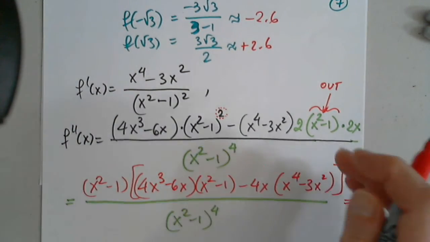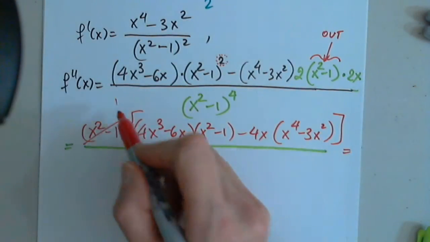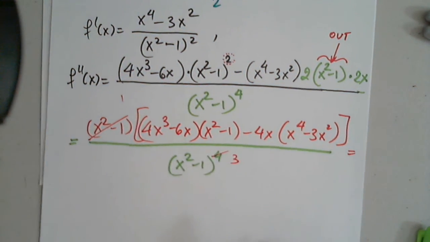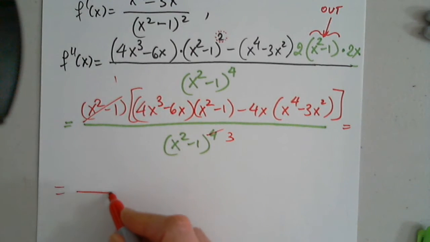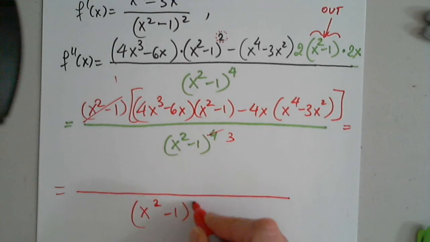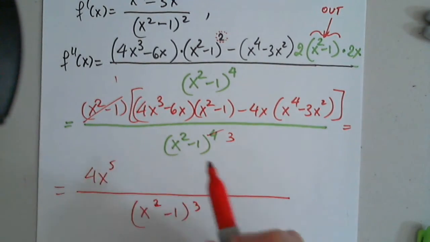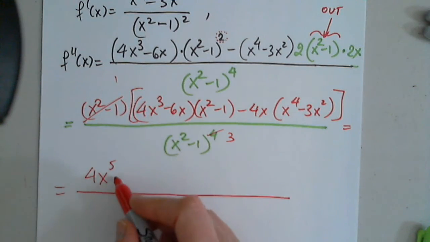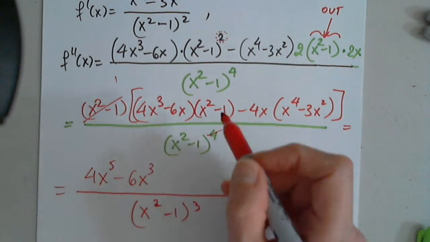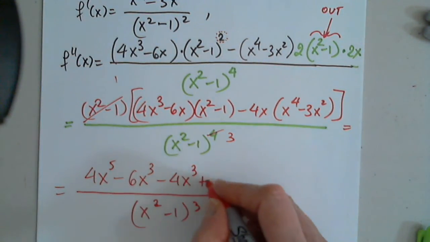There is no end to this problem. And I chose it, so I can't complain. 1, 3. At least something goes away from this mess. X squared times this, 4x to the 5th. X squared times this, minus 6x cubed. Negative 1 times this, minus 4x cubed, and plus 6x.